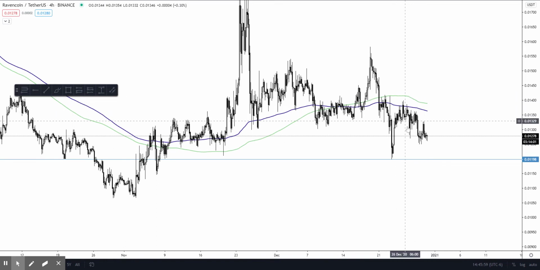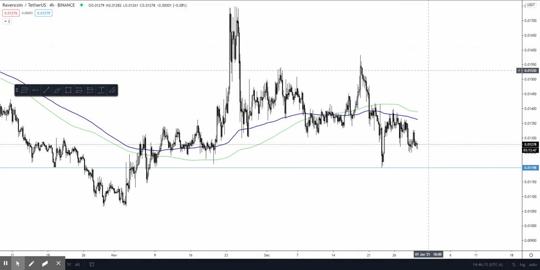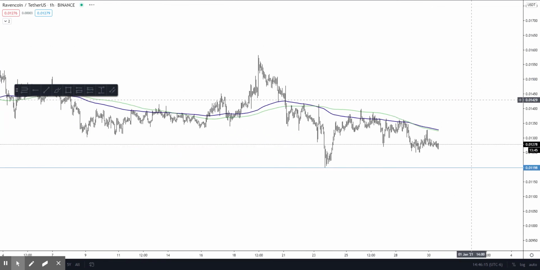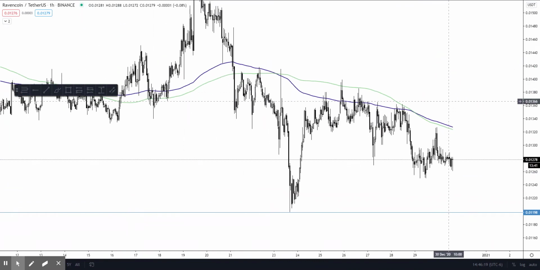Looks like we have the potential to form a higher low here, but you want to anticipate the lower low. Even though this is daily support, you want to anticipate that lower low because that is your trend at the moment. Don't want to fight the trend. So we're very much trending bearish on every single time frame.